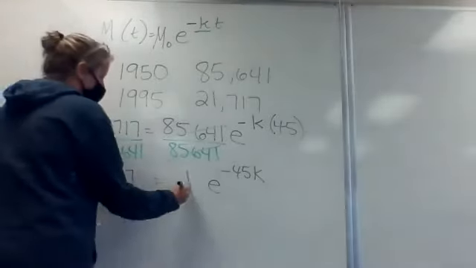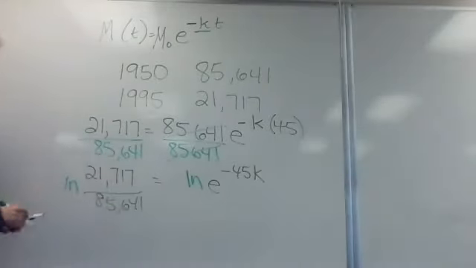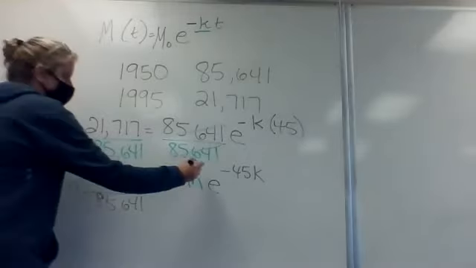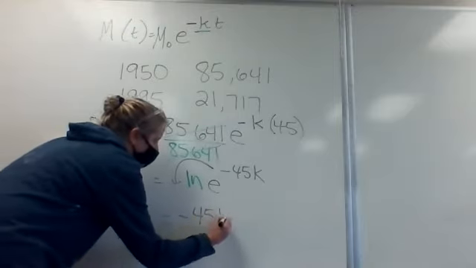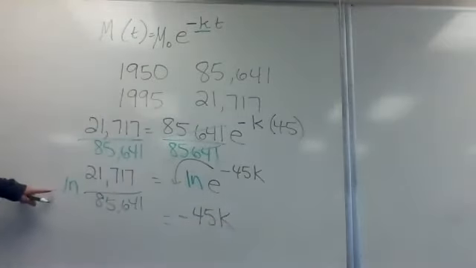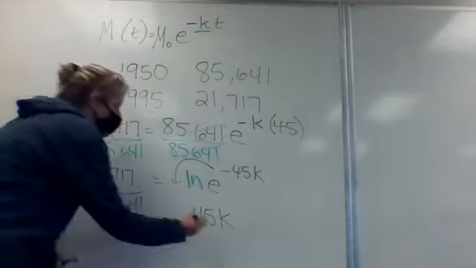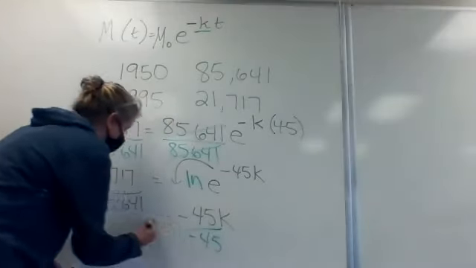Now ln both sides so that you can bring down the exponent. So negative 45K equals this side and then divide by negative 45.